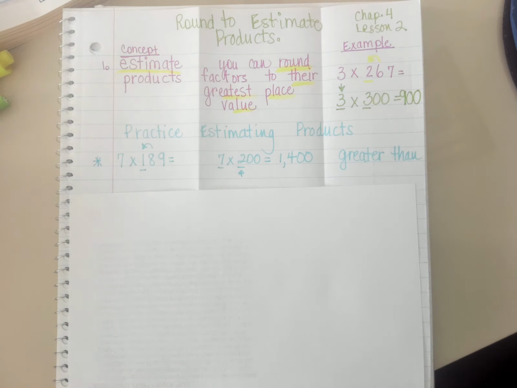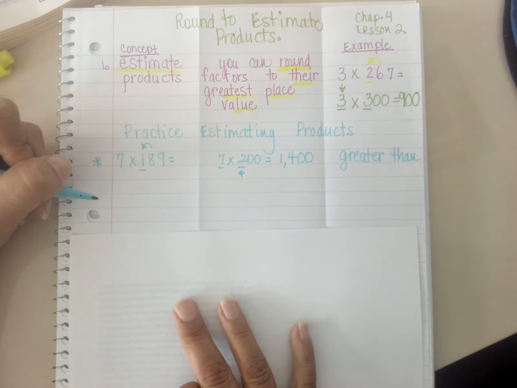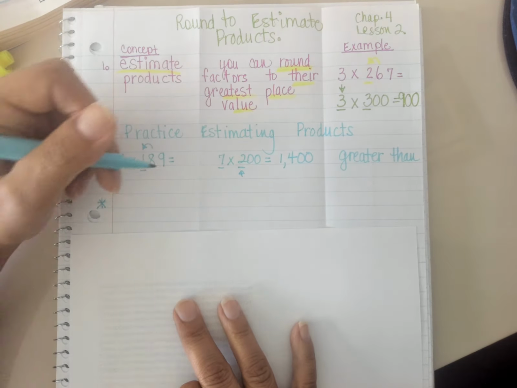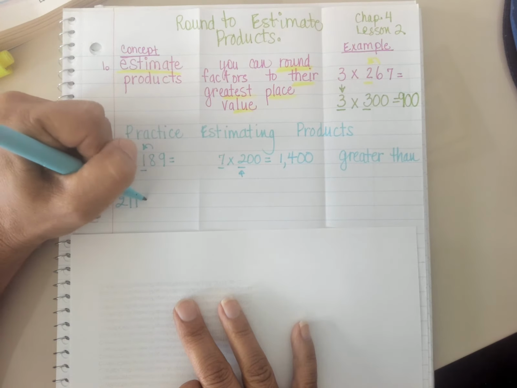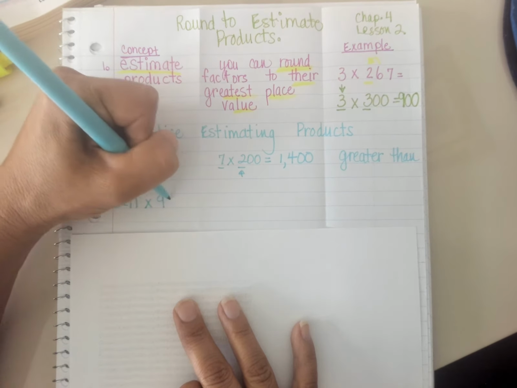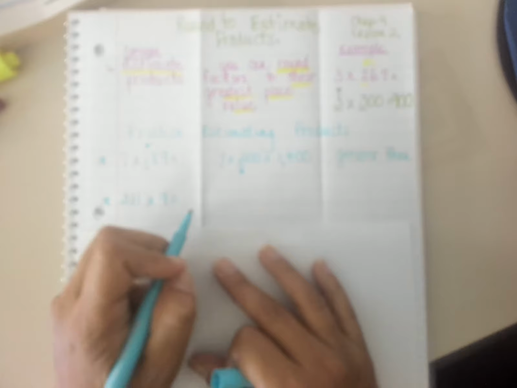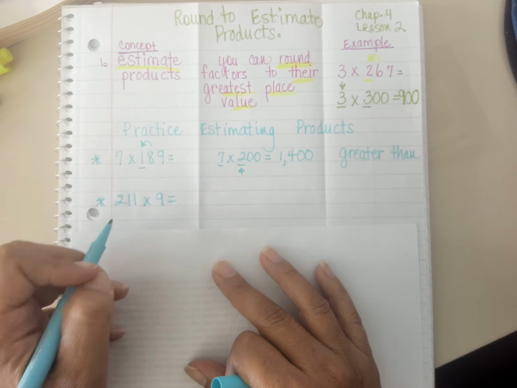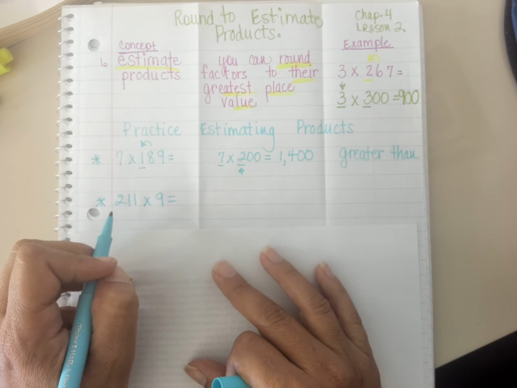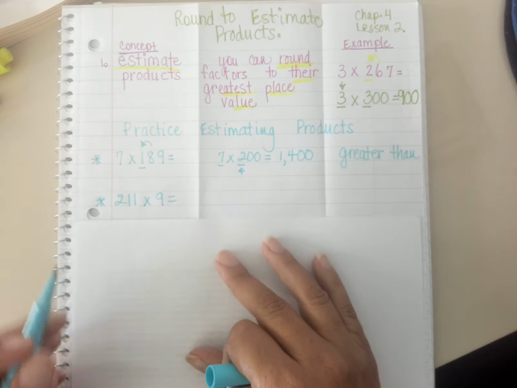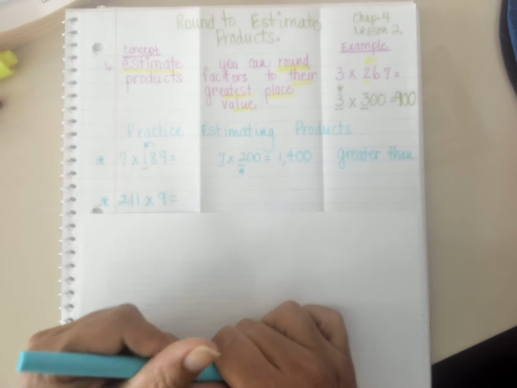Okay. Your next one that you're going to practice with. Okay, in this case, 9 will stay the same, and you will round to the greatest place value with 211, and I'll give you a minute to do that.